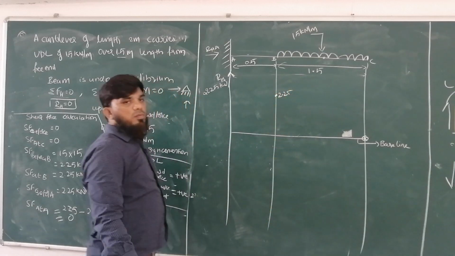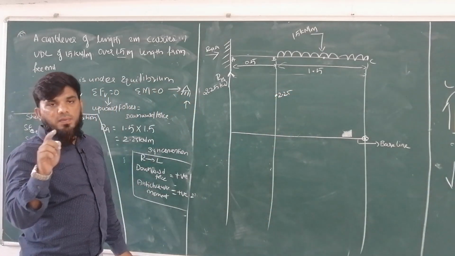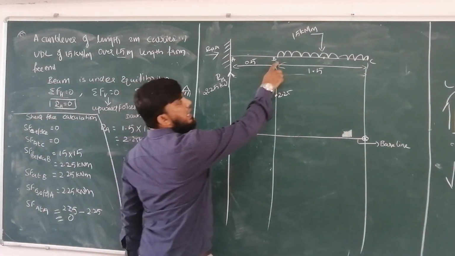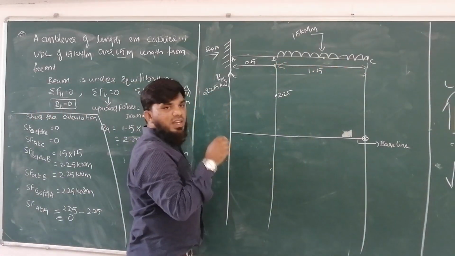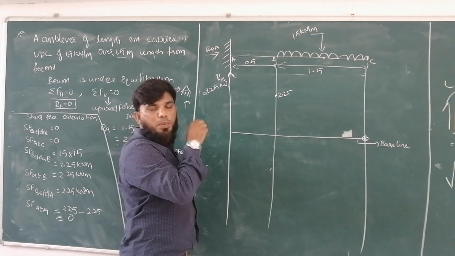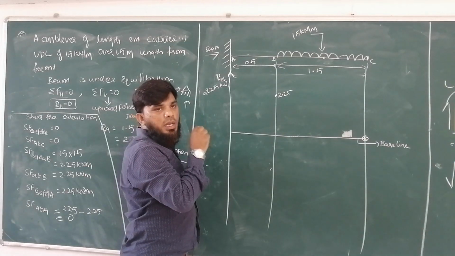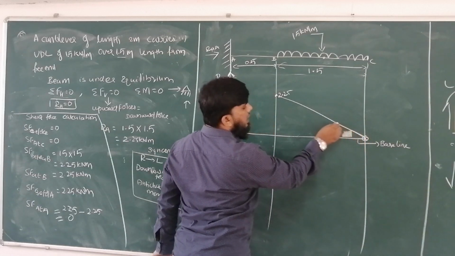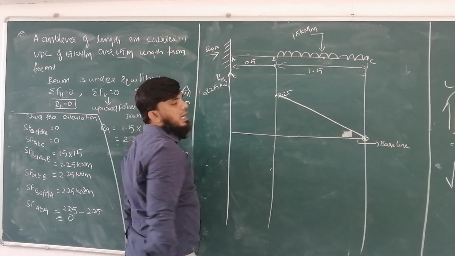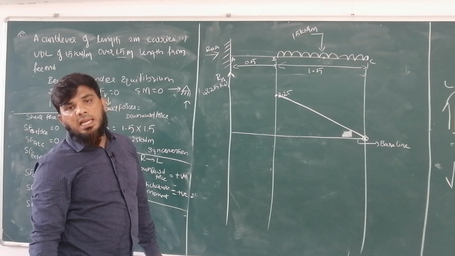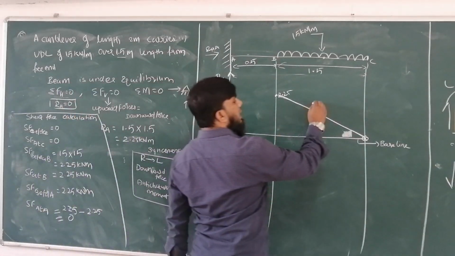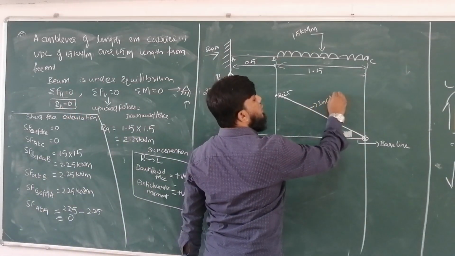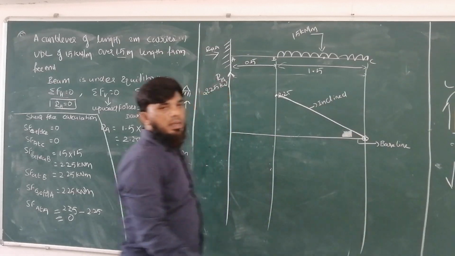In the previous problem we saw that the load between points remains the same, but here it is a UDL, so for every length the value keeps on changing. So this line will be joined using an inclined line which varies linearly.